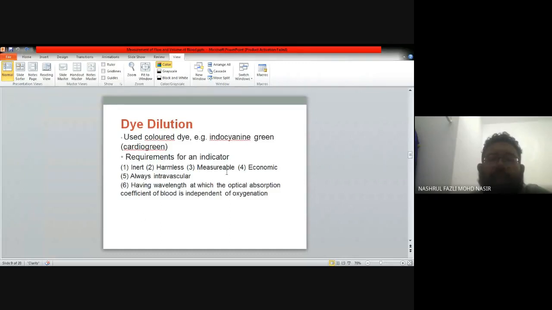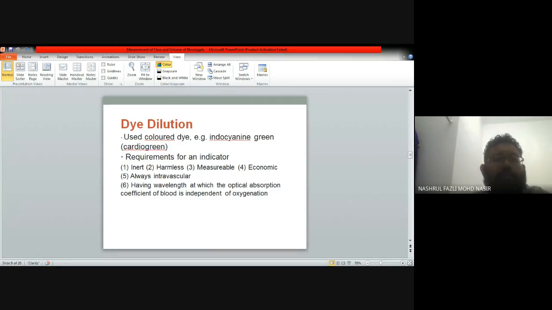These are the characteristics of the indicator that you should use. Inert, meaning no reactions, and harmless, definitely. You can measure it easily. Economic, meaning cheap, not costing a lot. Intravascular, meaning you can contain it inside your blood vessel.